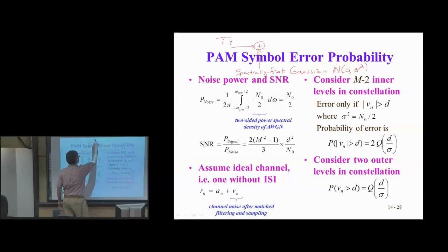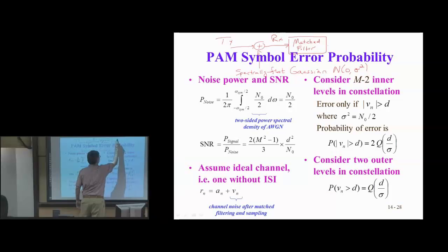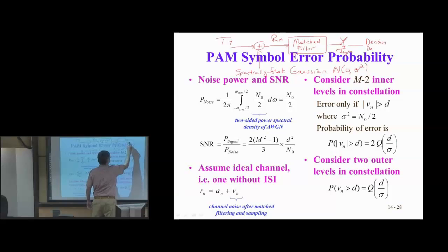At the receiver, it's going to go through a match filter, matched to the pulse shape, and then I sample at the symbol time, and then I make a decision as to what bit pattern.